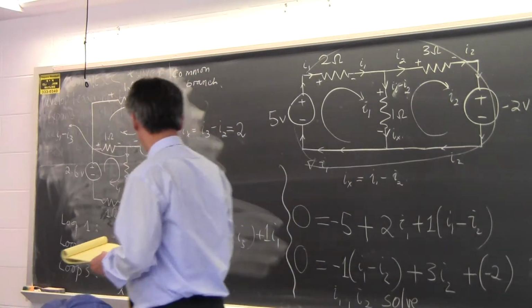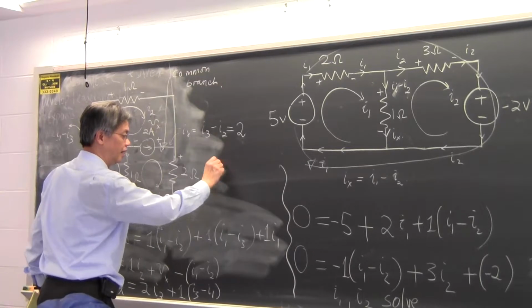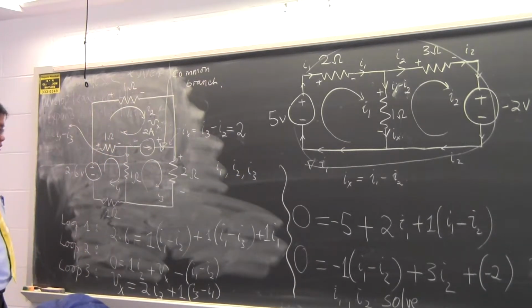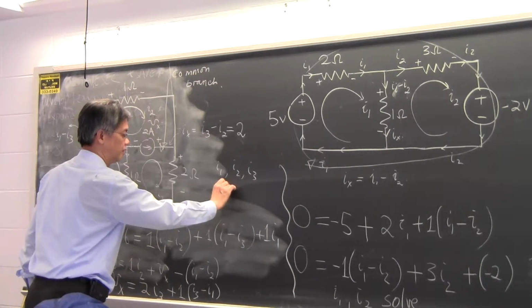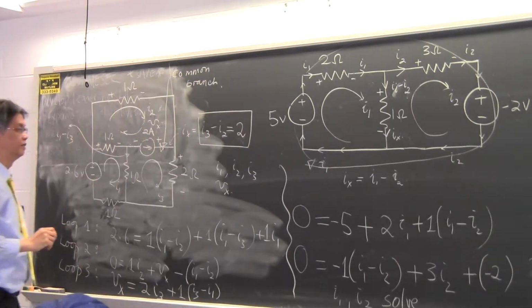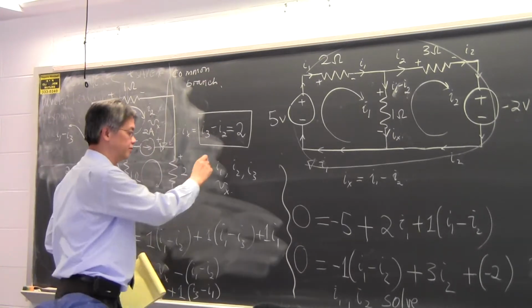So how many equations, how many unknowns do we have now? We have I1, I2, I3, and Vx. And we have this equation that marries them. So we have 1, 2, 3, 4 equations and 4 unknowns.